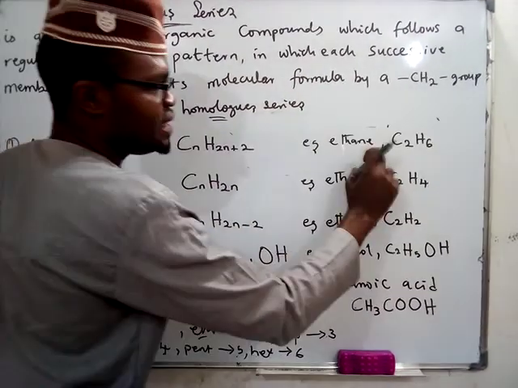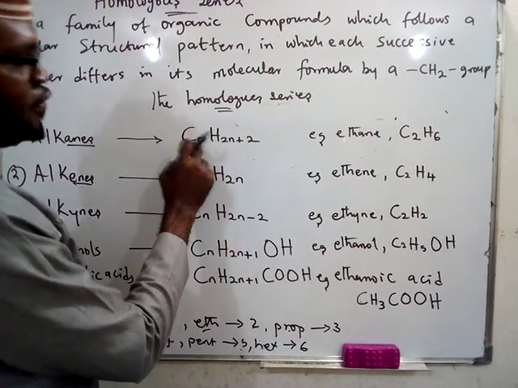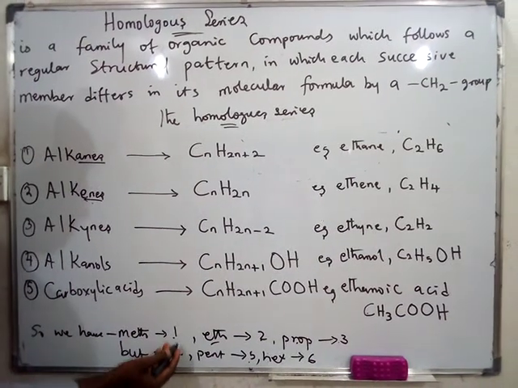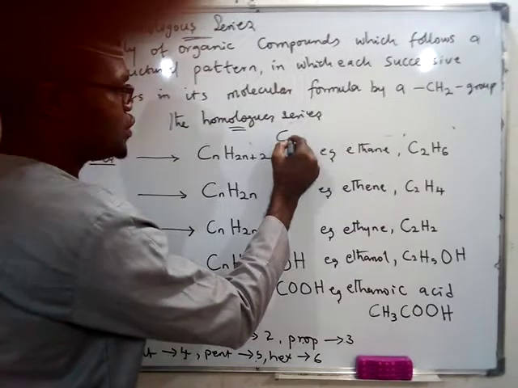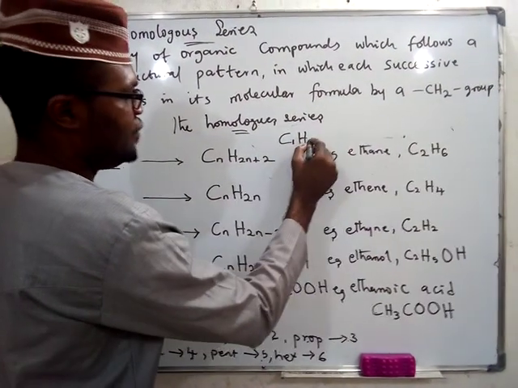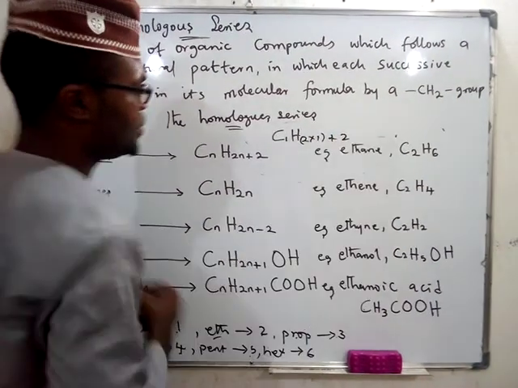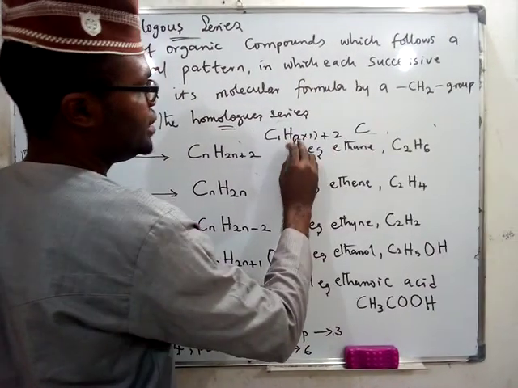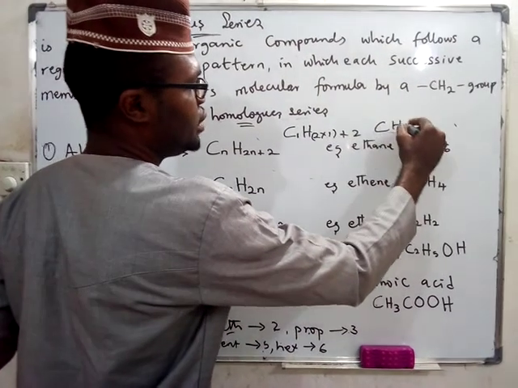Now, how did we come about ethane having this formula? If you have this formula and you take the first one, methane, methane is 1, so it will be C, N represents 1, H will still be H, you have 2 times 1 plus 2. So you get C, 2 times 1 is 2, plus 2, 4. CH4.